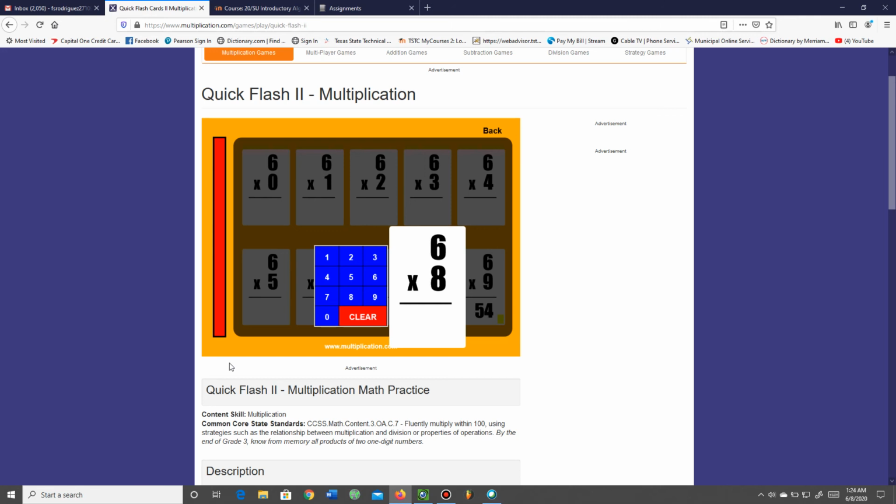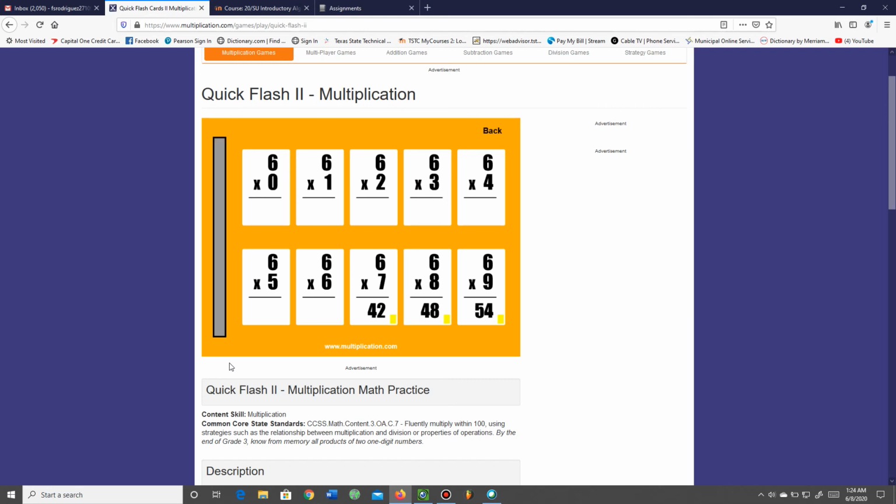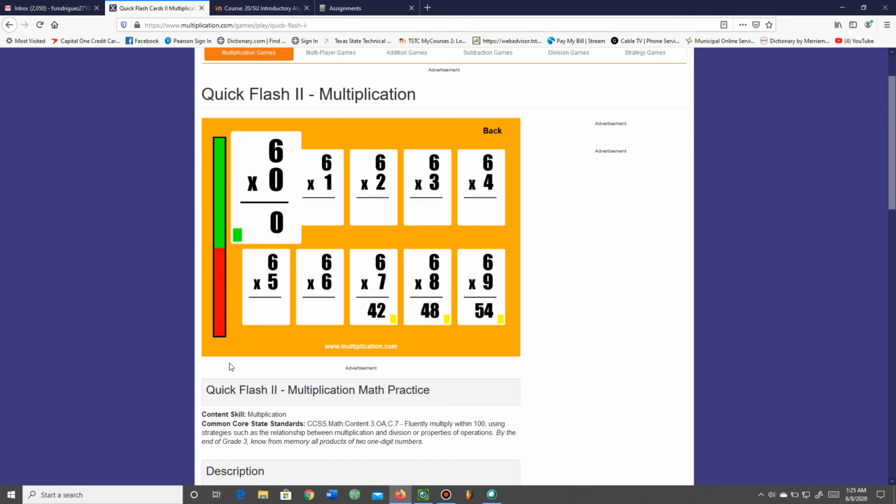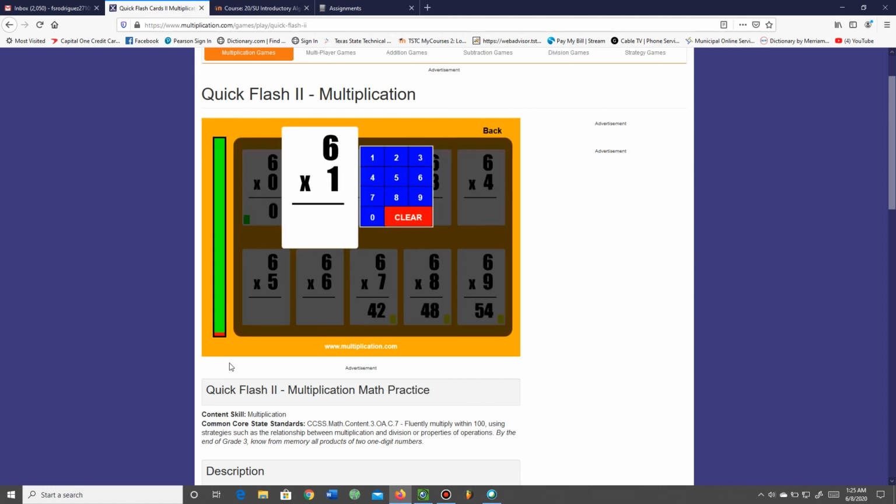Then 6 times 8. And again, if you know what 6 times 8 is, use your calculator and type it in.